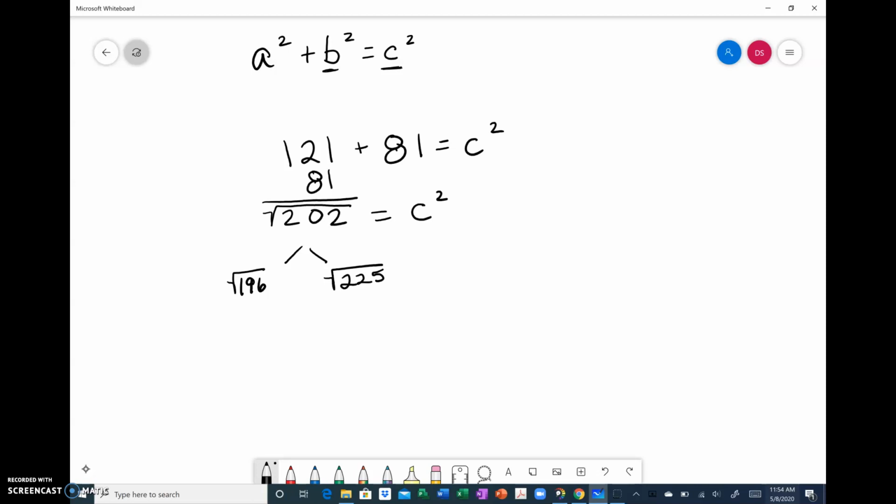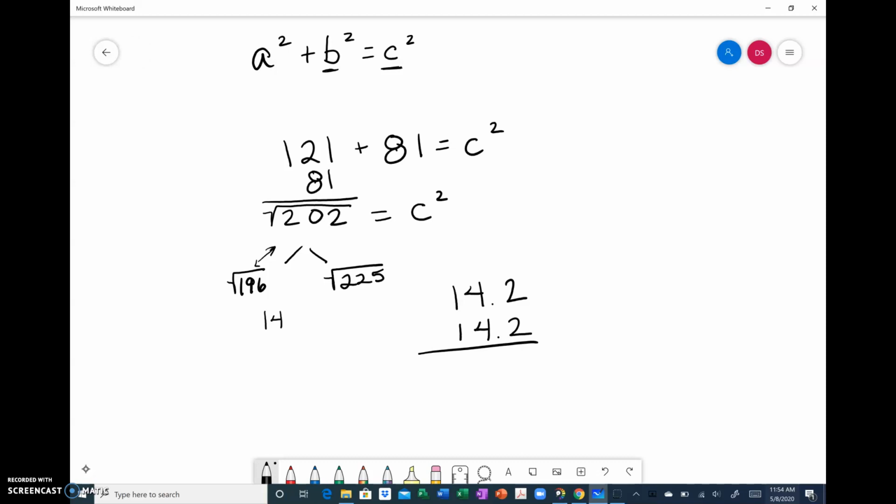I'm really close to this 196 with 202, so I'm going to guess 14.2 for my approximation. Because last time we had one that was close, but it didn't end up being 0.1.